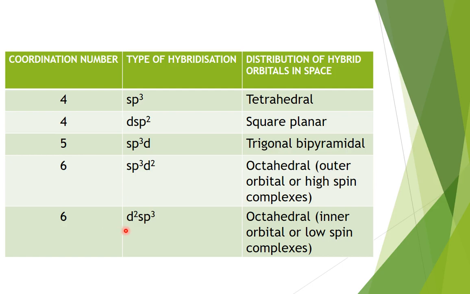If it is d2sp3, it means we have used inner d orbital, so these are inner orbital or low spin complexes.